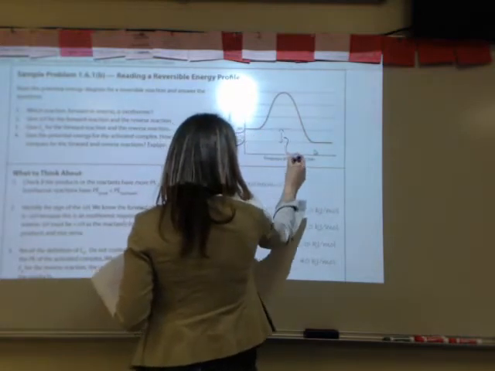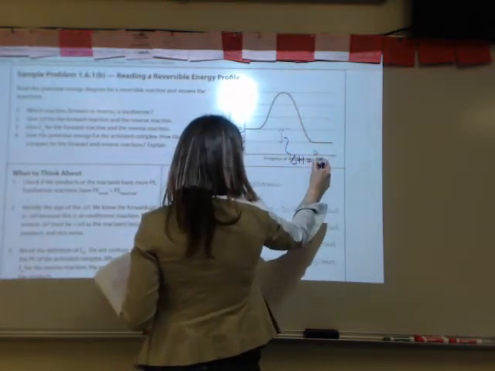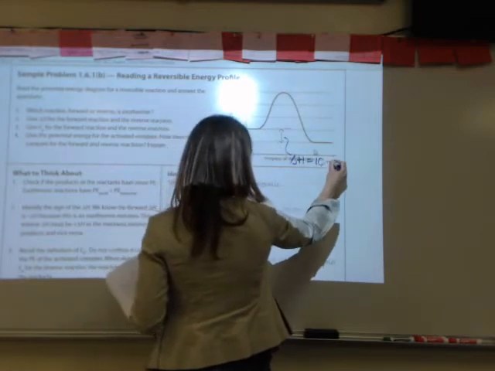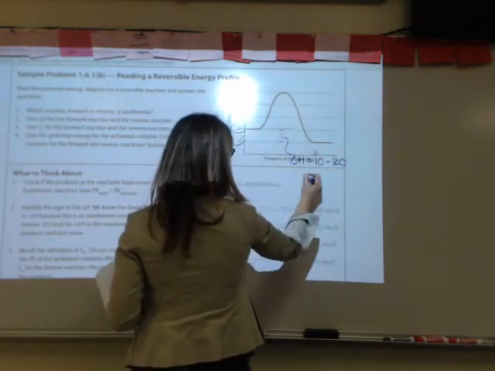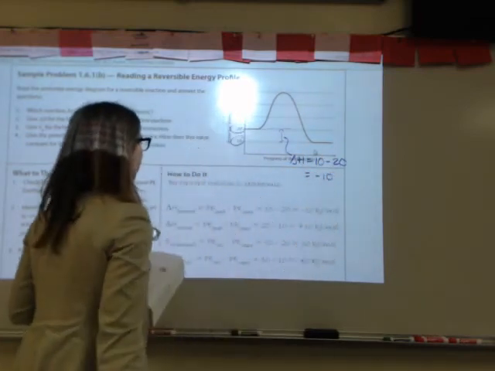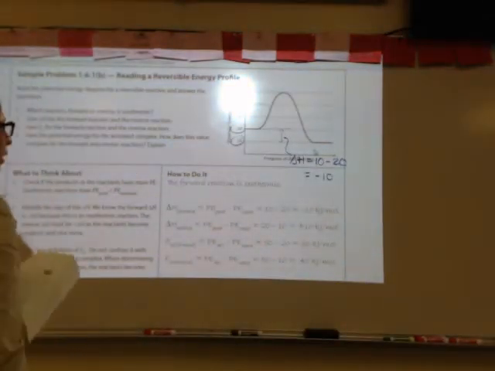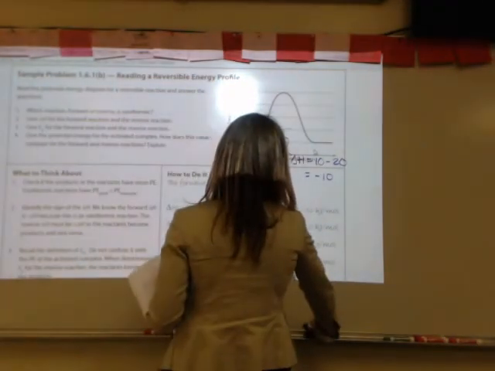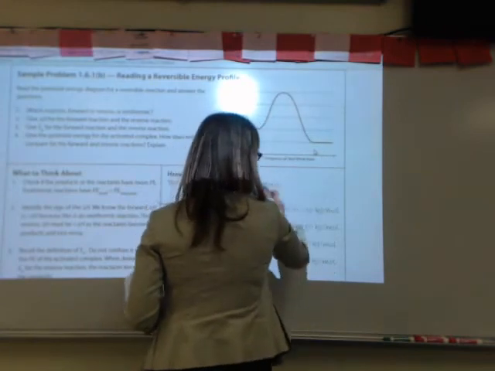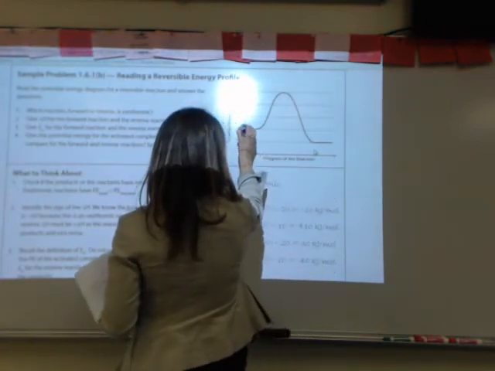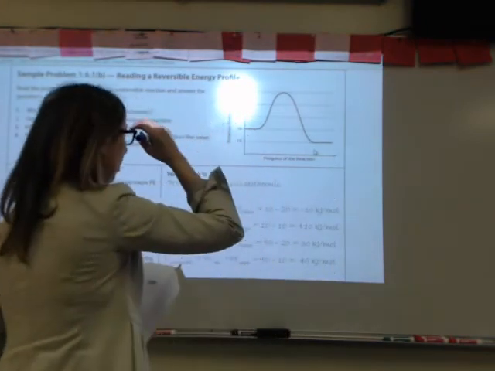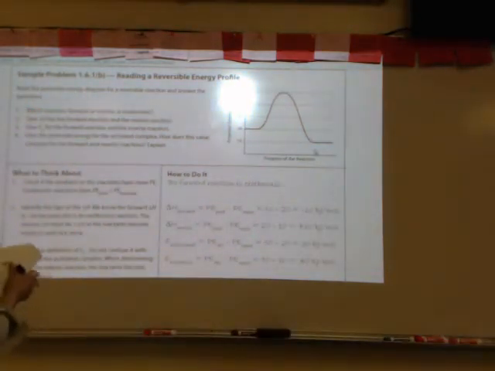So you're going to end up having the product potential energy 10 minus the reactant potential energy 20, and you get negative 10 kilojoules per mole. If I were to calculate the delta H for the reverse reaction, then I would take 20 minus 10, and I'd get a positive 10, because that's an endothermic process.